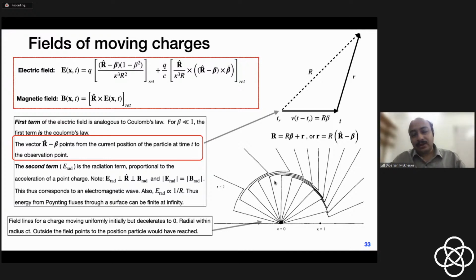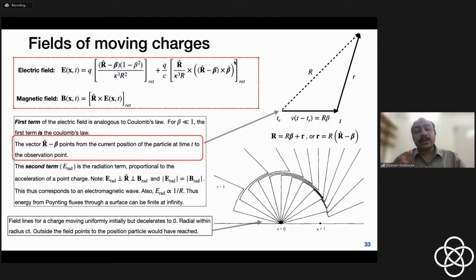Now, the net effect of the charge decelerating and stopping is given by this term over here. You can see this term has the derivative of the velocity, which is the acceleration, and these are all computed in the retarded frame. The actual calculations are quite involved, actually.